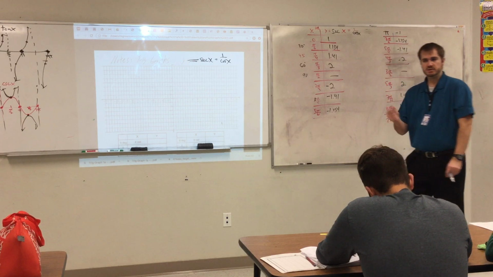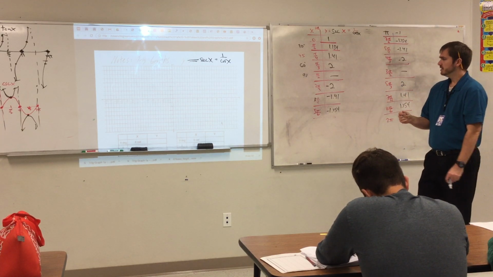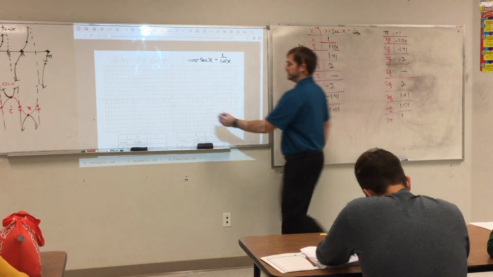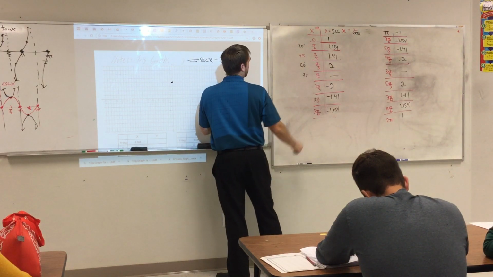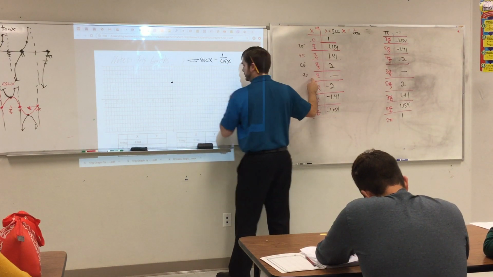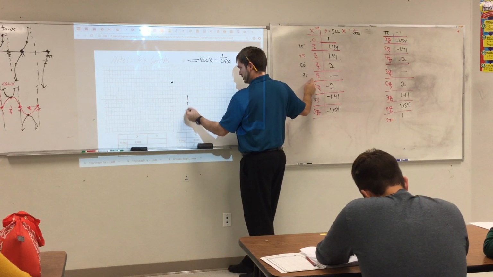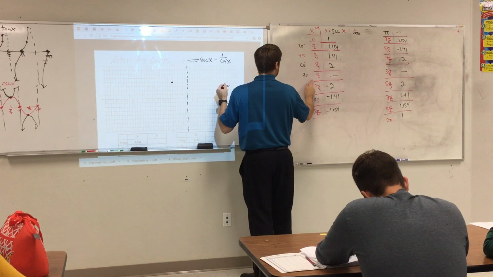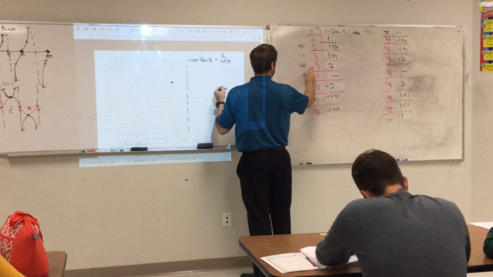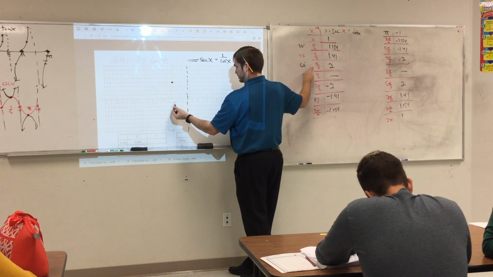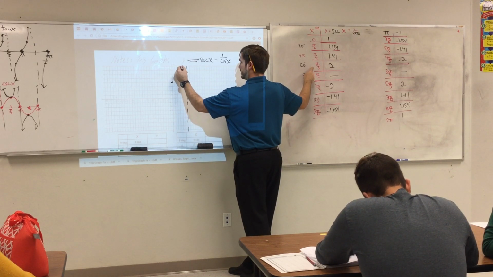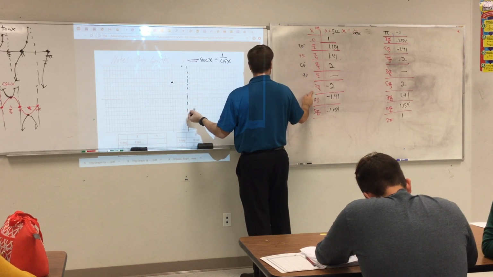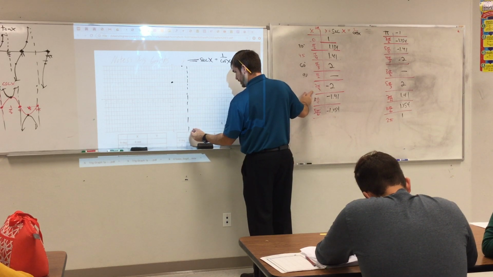All right, what do y'all think, shall we speed this up a little bit? At 0, I'm at 1. Pi over 2, I'm undefined. We can do some of these, like pi over 3, we're at 2. 2 pi over 3, we're at negative 2.